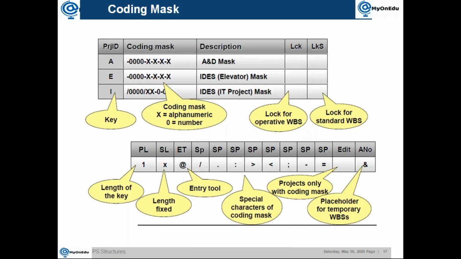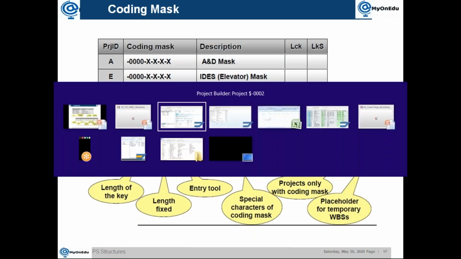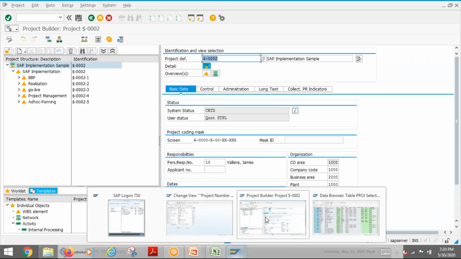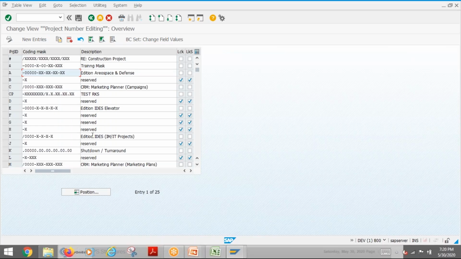Can we see the options we have in the system? Yes, you can change it and use it; there is no harm in the system. Can you go to the screen? I think it is this one.